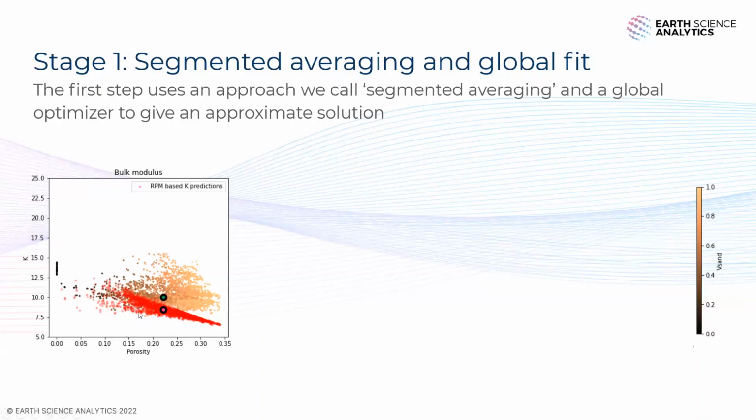However, there's one problem with this, which you can see here. If we were to simply lift the low porosity end of the model and keep the high porosity end down here, so if we tilt this red cloud of points more steeply, we would get this pink point to move upwards without really increasing the quality of the match at all. Using a single average is not so good.